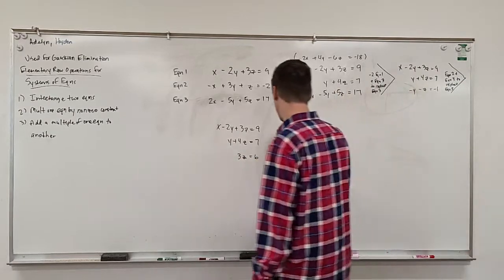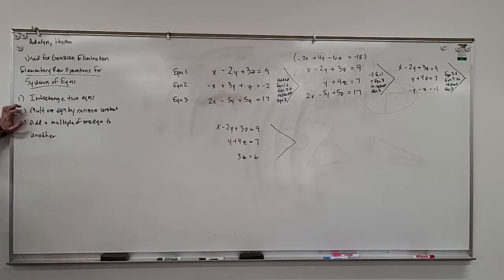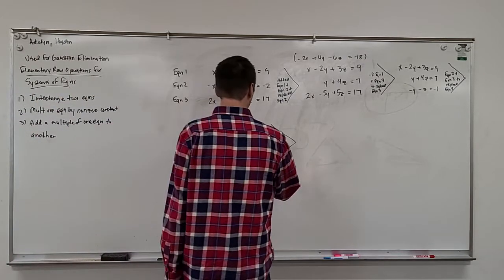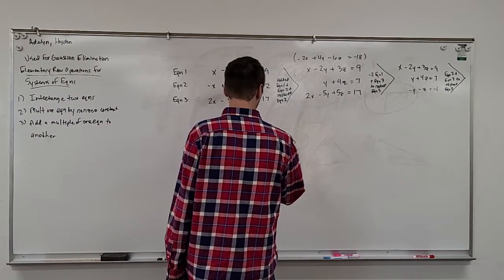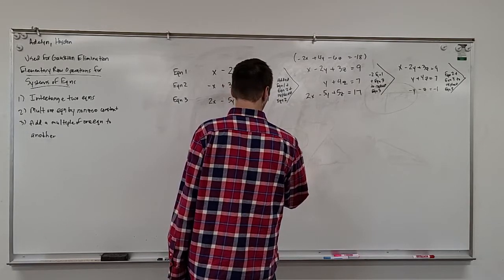Our final step, since the row operations are listed as multiplying by a non-zero constant, is to say 1/3 times equation 3 to replace equation 3.